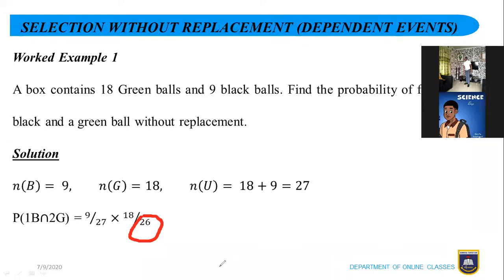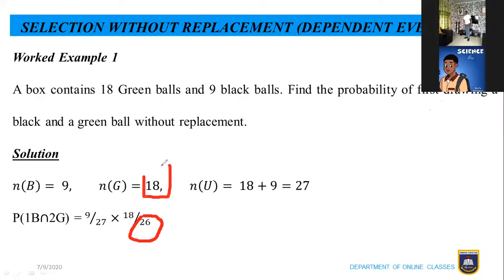So you are left with 26. But remember, before you pick the second ball, the total number of green balls still remains 18 because you didn't pick any of the green. So you are picking 18 out of the total remaining, which is the 26. And that will be equal to 3 over 13.